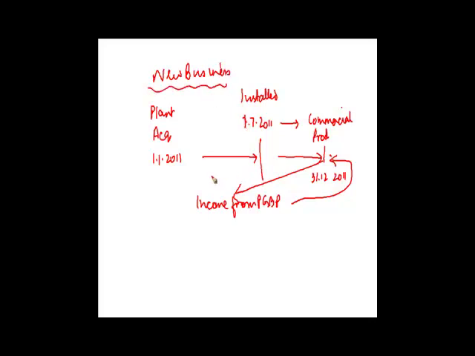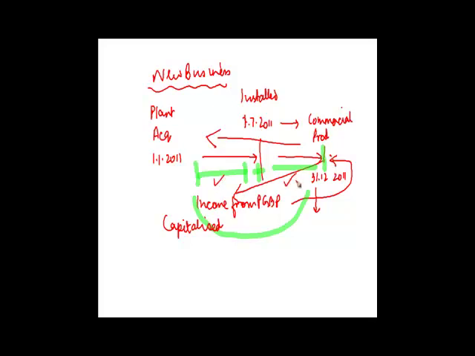Okay. So if the income itself is starting from 31/12/2011, then you cannot have depreciation or any expense prior to that date. So then what happens is that your interest for this period plus this period till the date the commercial production starts, this entire interest is capitalized. So this plus this is capitalized.